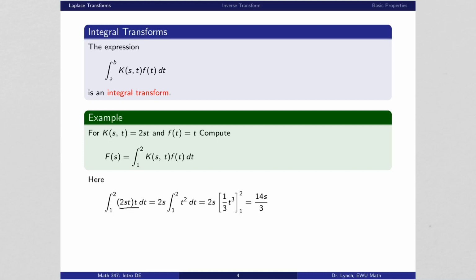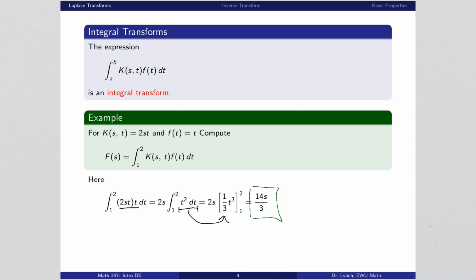This is just a calc 1 integral now in t, and when you work it out, of course, you get this function of s that in this case is 14s over 3. So as you might imagine, for the same kernel, different functions have different transforms, and even if you chose a different kernel, of course, the same function would have a different transform.